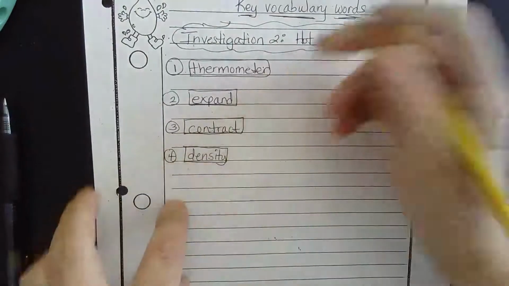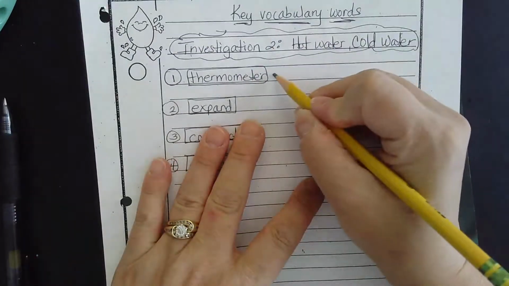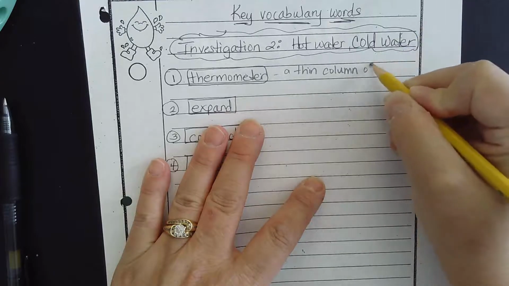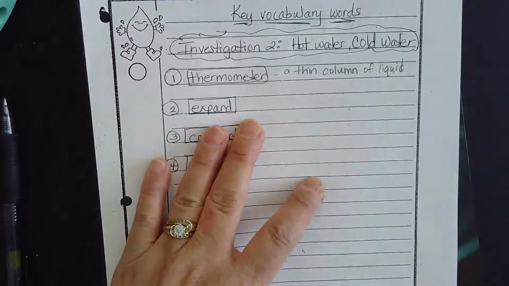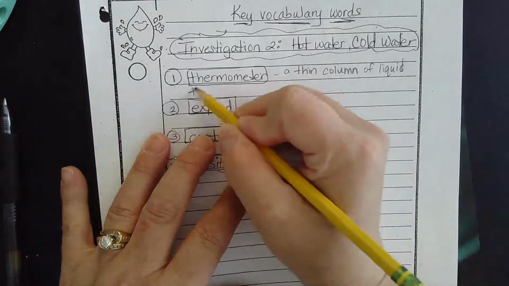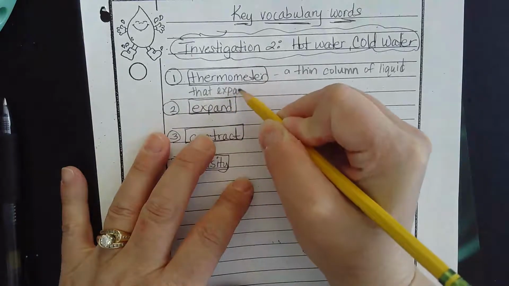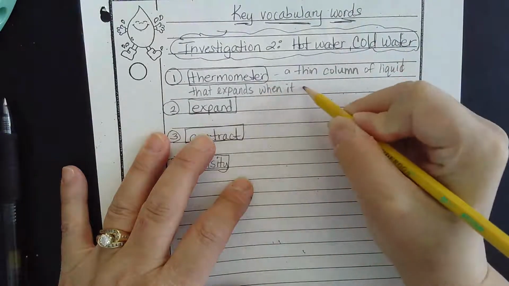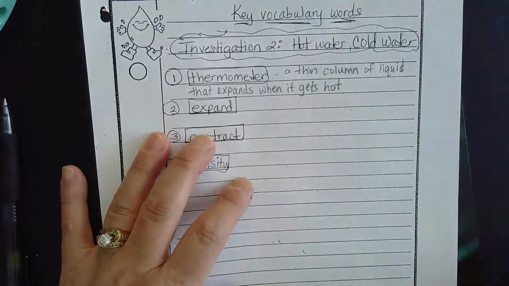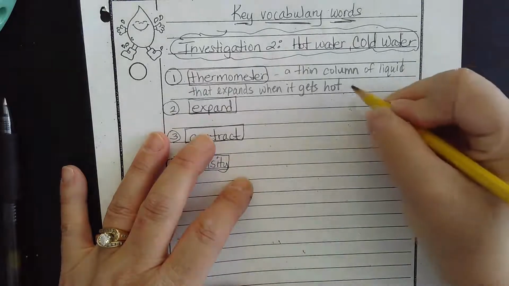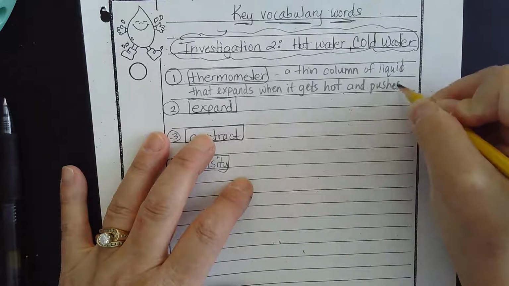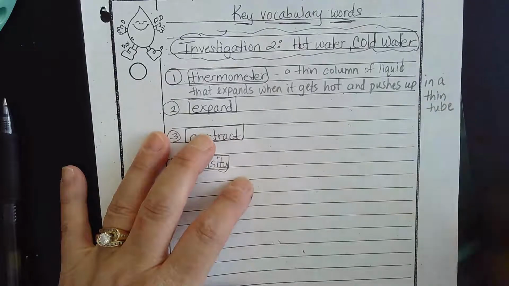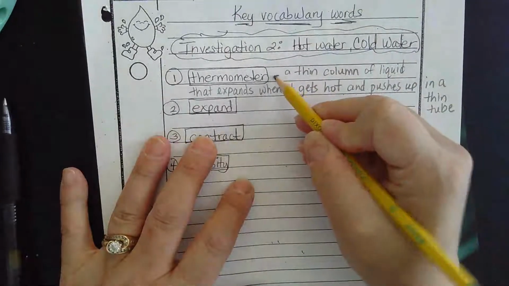But the actual scientific definition of a thermometer is a thin column of liquid that expands when it gets hot and pushes up in a thin tube. Okay, that's the scientific definition of a thermometer.